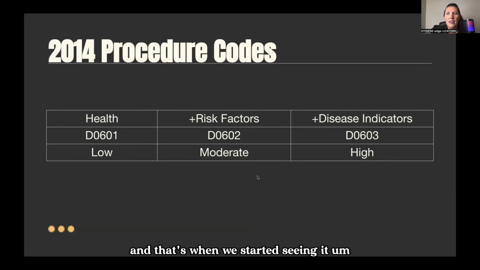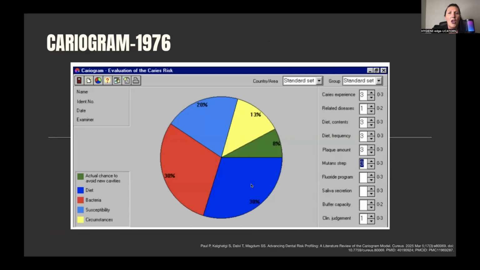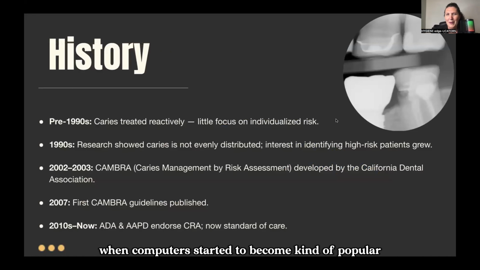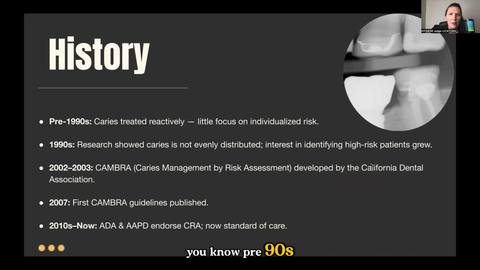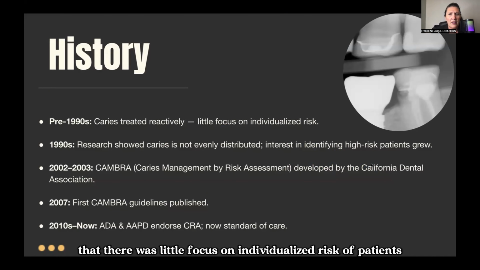And that's when we started seeing it more and more frequently, even though the first ones came out a while ago. This was the Cariogram back in 1976, where they used caries experience and related diseases, frequency, diet, and strep mutans, and made little pie charts when computers started to become popular. Then in the pre-90s there was little focus on individualized risk of patients.